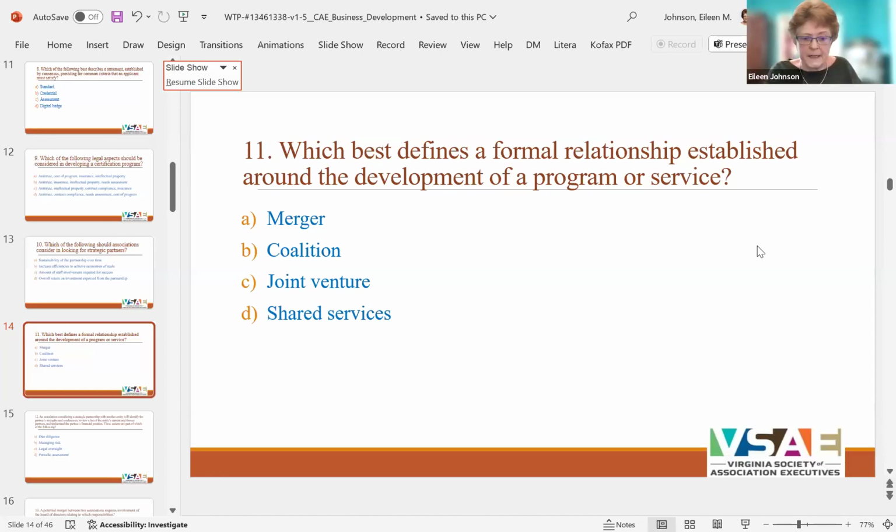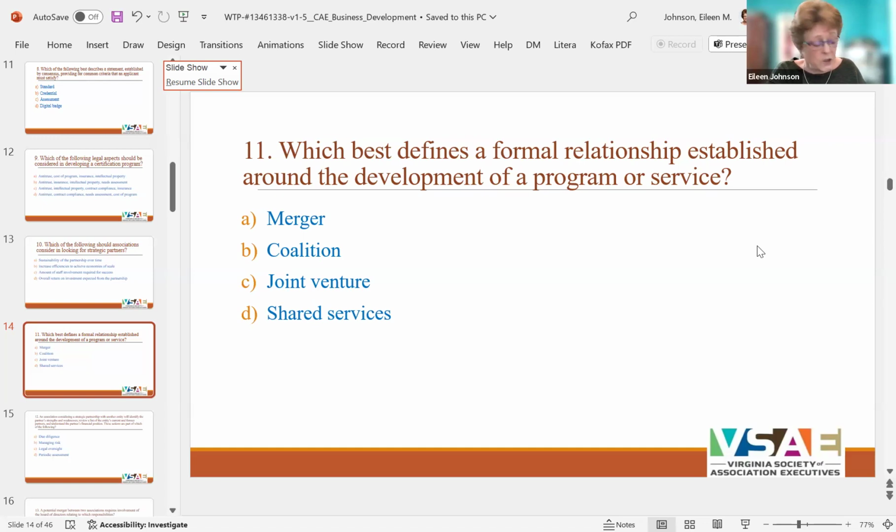The answer is D, shared services. Yeah, I mean, I would knock out A, development of a program. If it's a merger, they're definitely not developing it. It's definitely not a merger, so I would knock that out. Coalitions tend not to be formal, it says a formal relationship. Coalitions tend to be informal. They might have an MOU, they might not. So I wouldn't say a coalition.